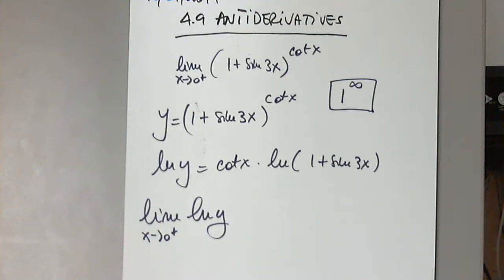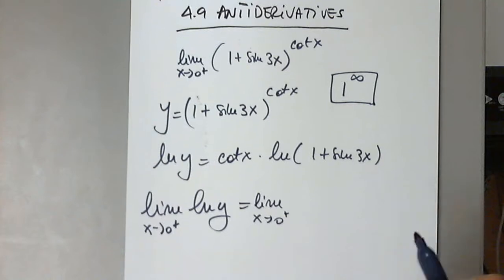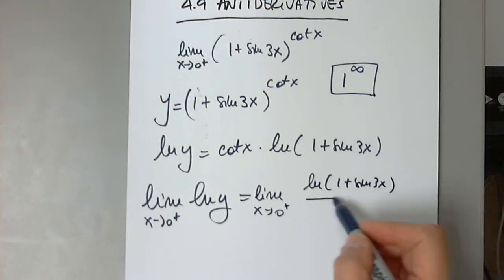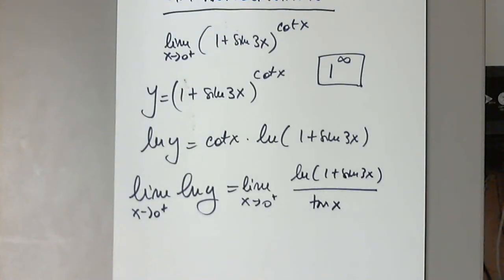Okay, then we had the limit as x approaches 0 from the right of natural log of 1 plus sine 3x over tangent x. Because tangent is 1 over cotangent, when you flip that, you get cotangent at the top. And now this is 0 over 0.